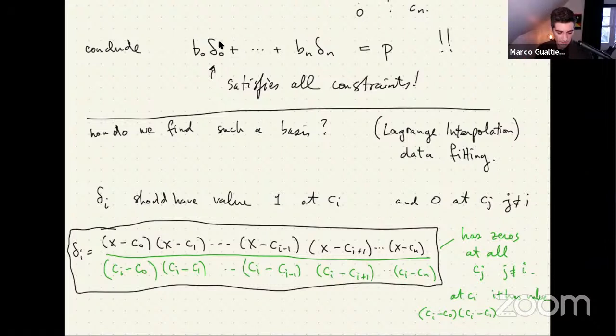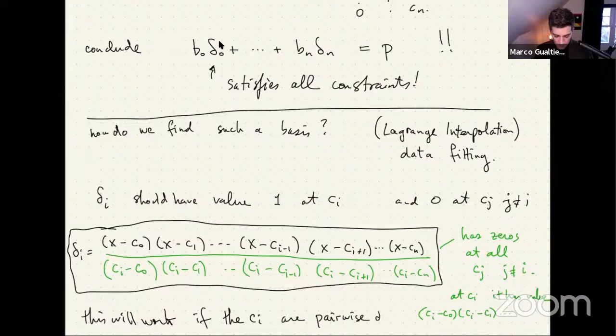That's the thing that I need. So this will work if the Ci's are pairwise distinct. Okay, so we need this in order for this to work.